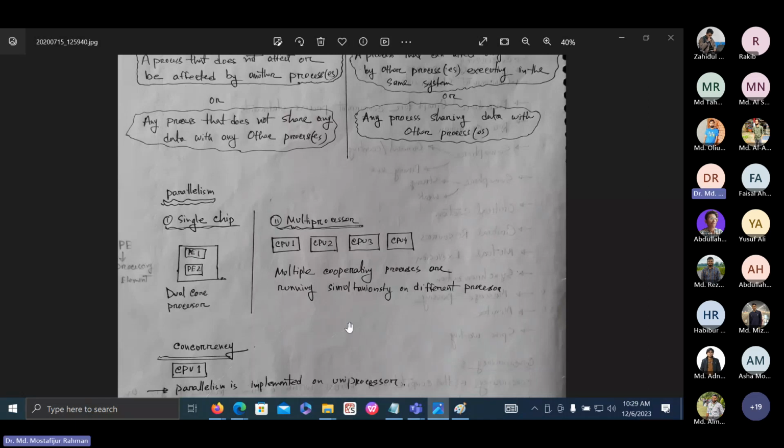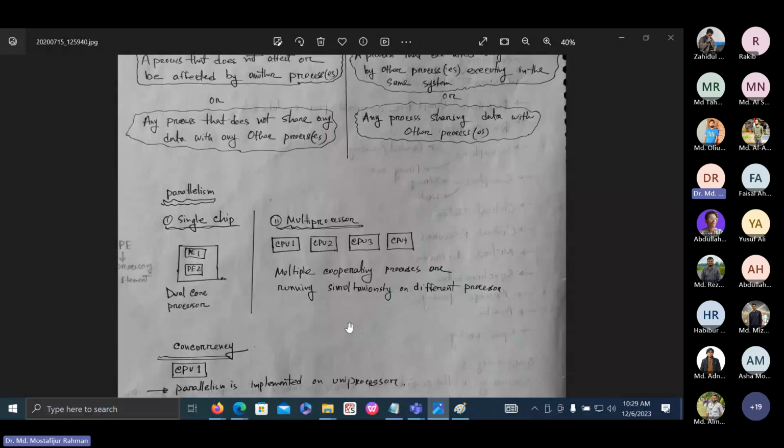My laptop is core 4. That means in one chip, the processor executions are divided into four parts. If two, then we say dual core processor.